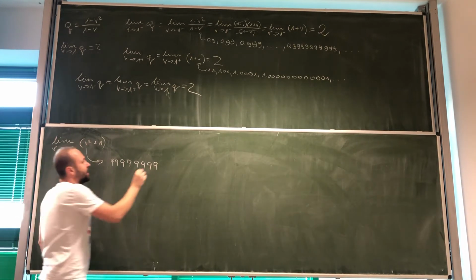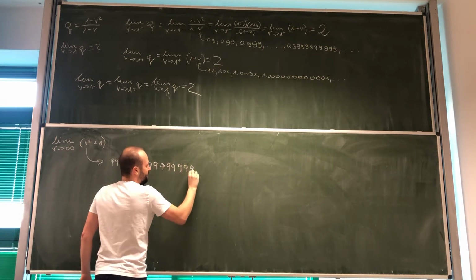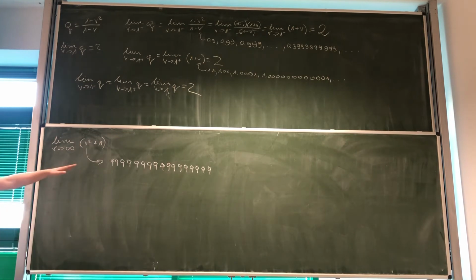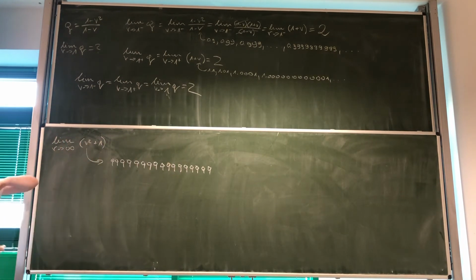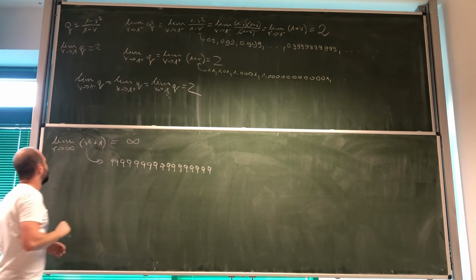And then we can increase this number and we see that as a result, we will get an even bigger number. So look, if we're going to be increasing this number indefinitely, the value of this expression is going to be increasing indefinitely. So the limit here is infinite.